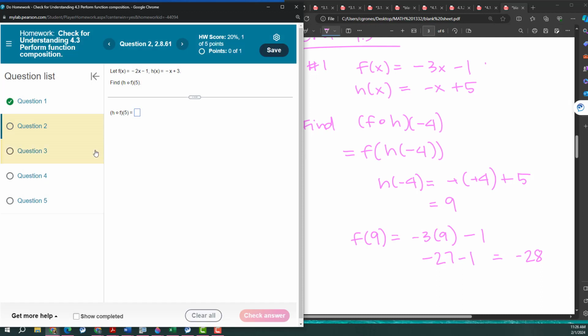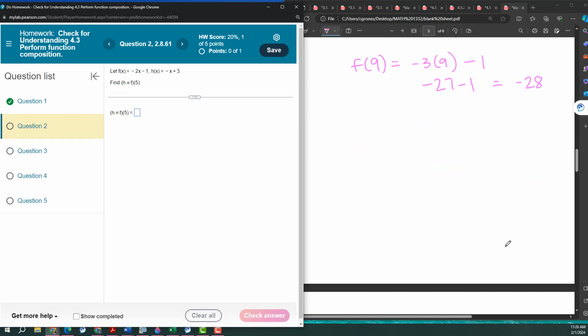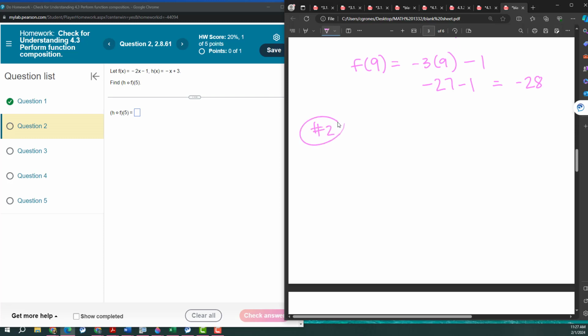And then this is the other one that's on the test. So there are 2 test questions from this section, and it is very similar. It's just backwards. So number 2, f of x equals negative 2x minus 1, and then h of x equals negative x plus 3.